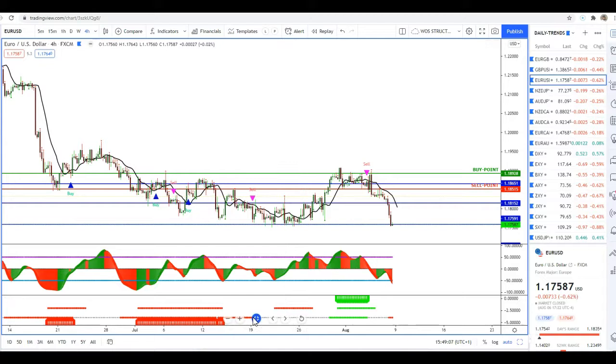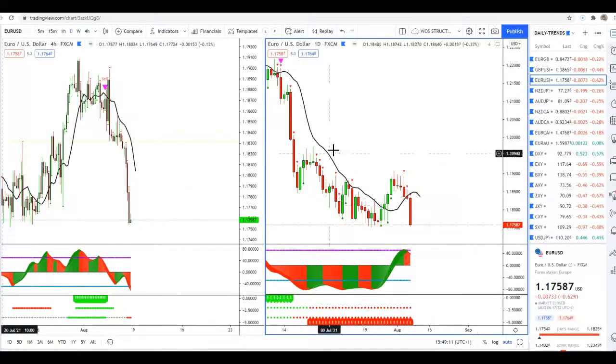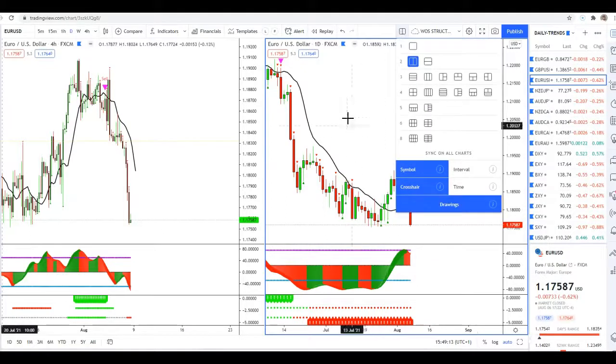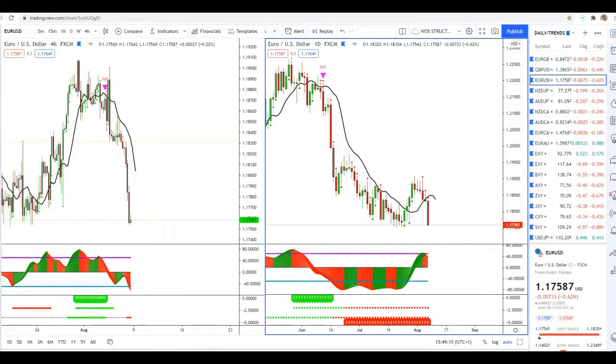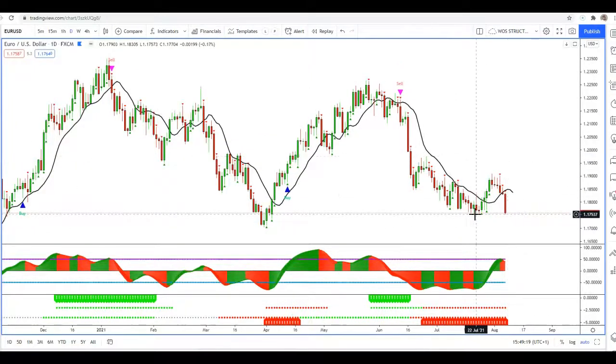Let's look at the daily chart. So remove drawing. This is very, very nice in terms of they pushed it right up to this point, and that is an opportunity to buy. We can see this move here coming above these structures. That is a confirmation of strength, and this correction is actually ideal.